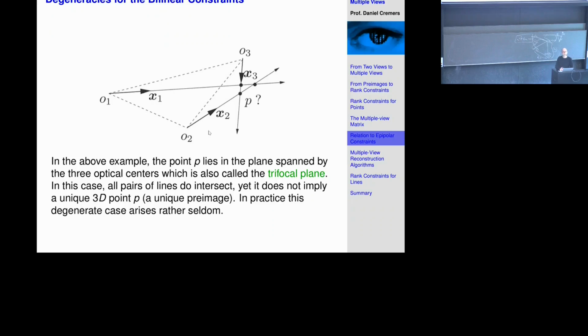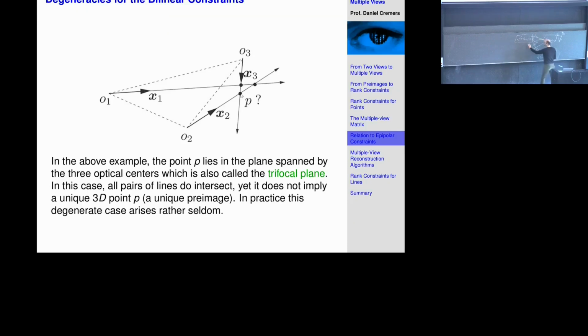But it's not the same one. It's 3 different points that I reconstruct. This point P down here is the reconstruction from cameras 2 and 3. They intersect in this point. All good, right?